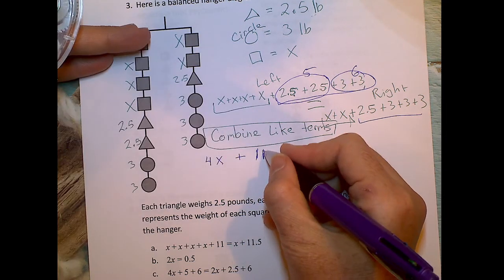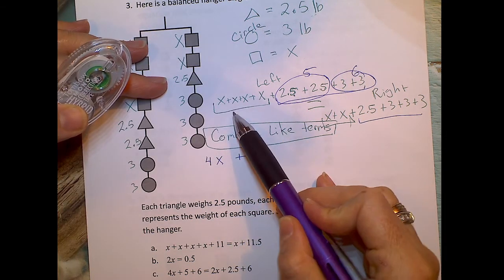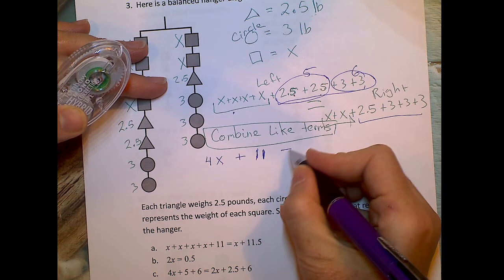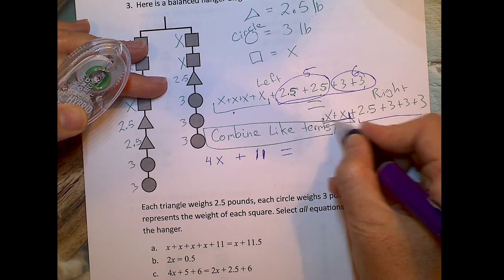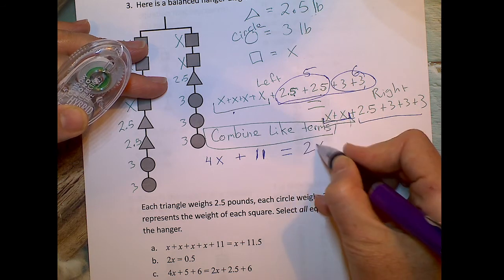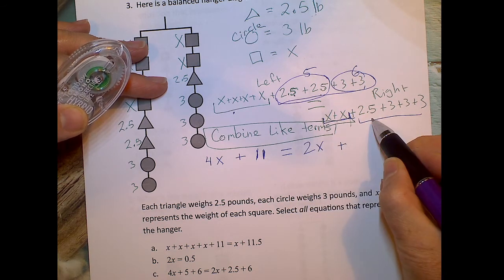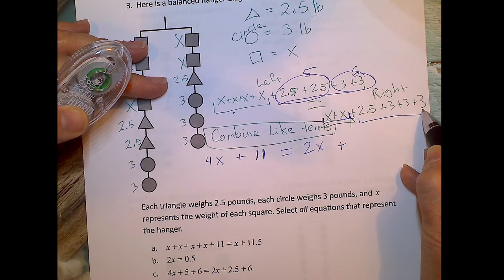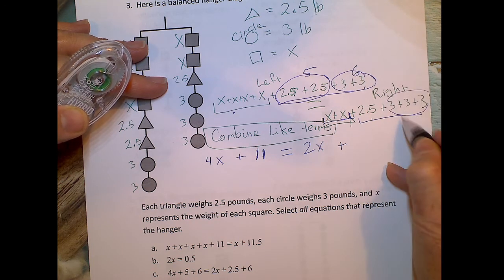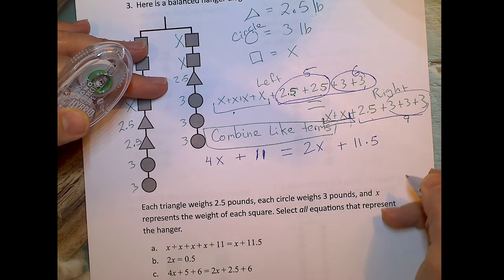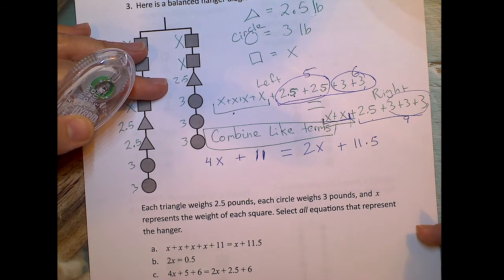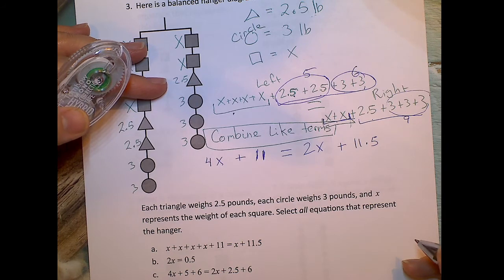So on the left side of my equation, I have 4x plus 11. And then write your equal sign again. And then look at the right side, we have 2x plus 2.5 plus 9. 9 plus 2.5 is 11.5. You better check my math. You know I make mistakes.